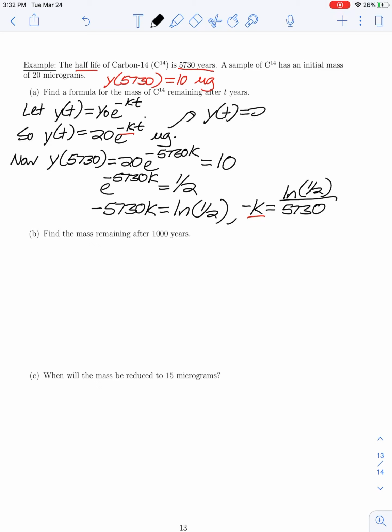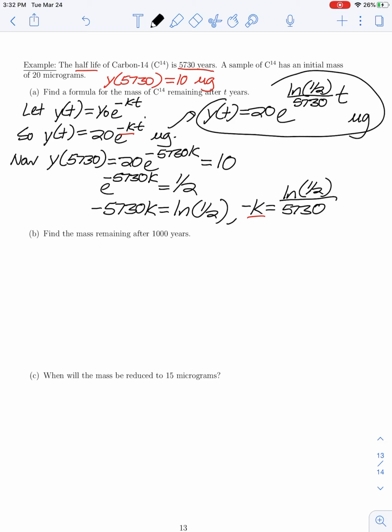And we find that y of t is equal to 20 times e to the natural log of 1/2 over 5730 times t, where we're measuring in micrograms. So this would be our function for the mass of carbon-14 which remains after t years.